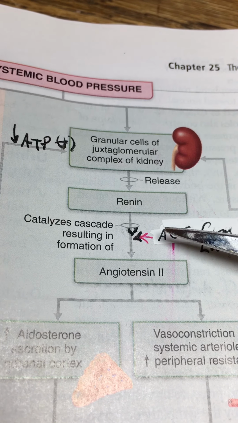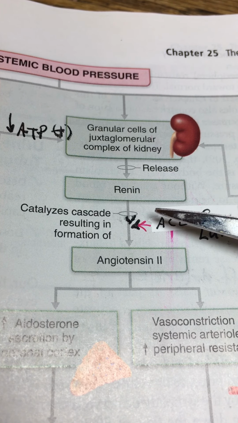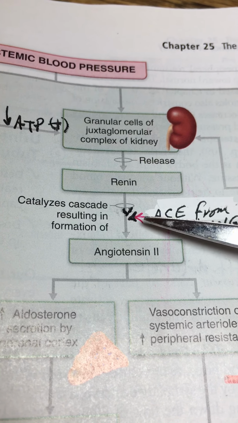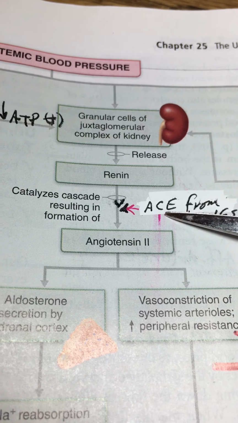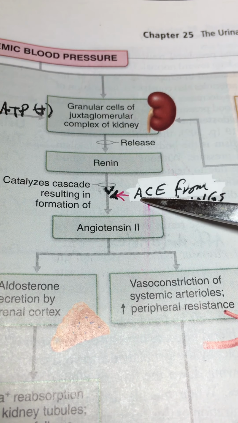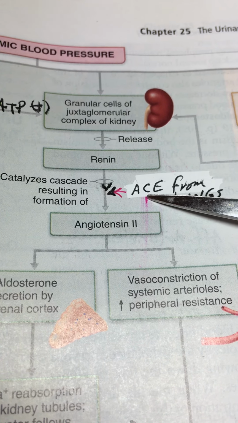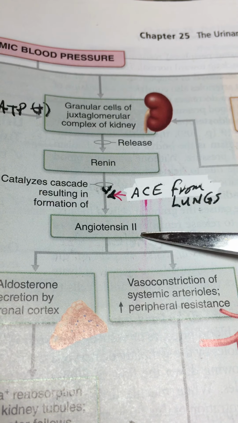We get activation of angiotensinogen from the liver. It's actually a double activation, one with renin, another with ACE at the lungs, angiotensin converting enzyme. We get converted to angiotensin 2.